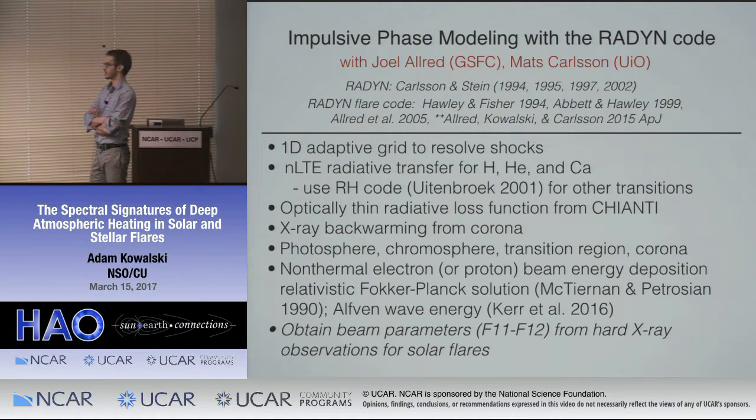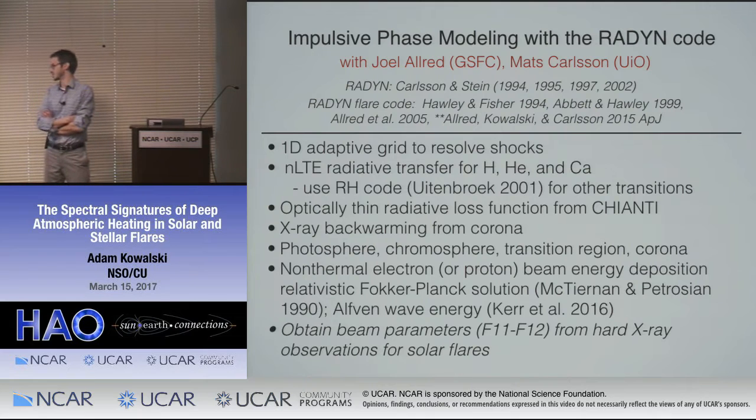You can put in any type of flare heating you want, but it calculates the Coulomb collisions from a non-thermal electron beam. And it does this in a pretty sophisticated way, using the Fokker-Planck solution to the distribution function.